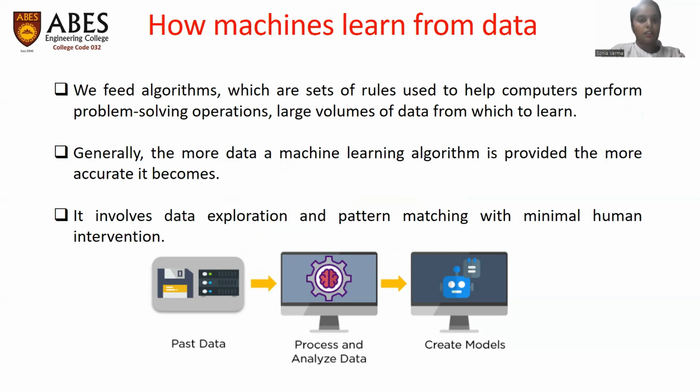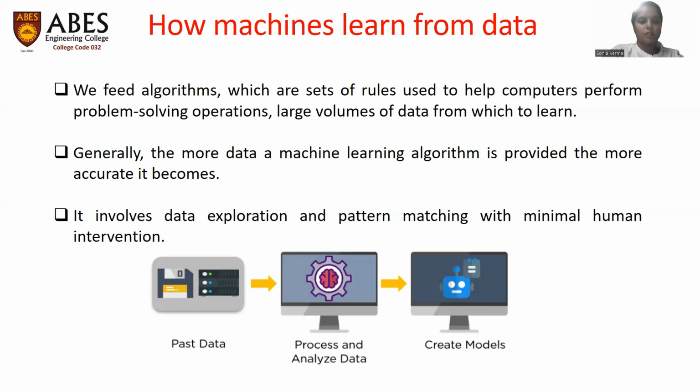These algorithms have some set of rules that are used to help the computer perform problem solving operations, with a large volume of data from which to learn. So we can say that the more data a machine learning algorithm is provided, the more accurate it becomes, because if we have a large amount of data, the machine will learn a lot of things from the data.